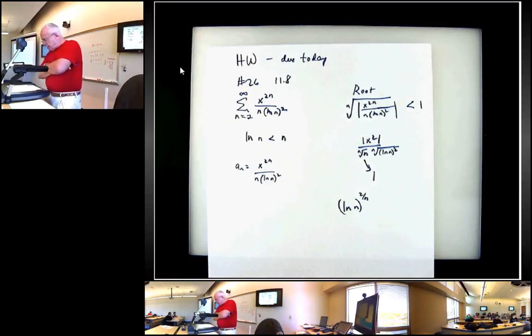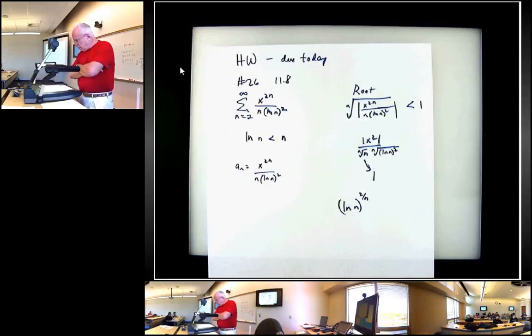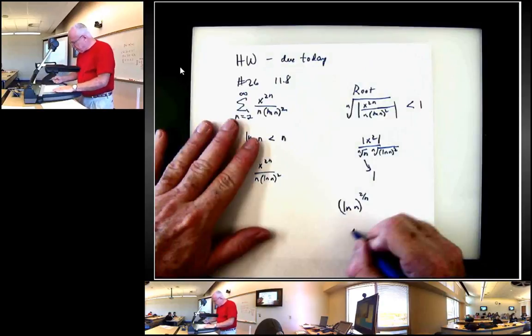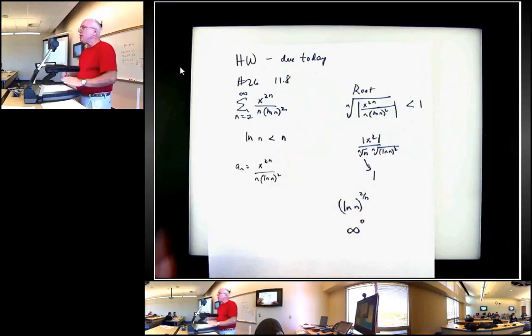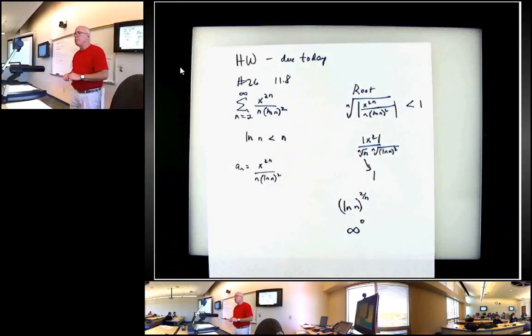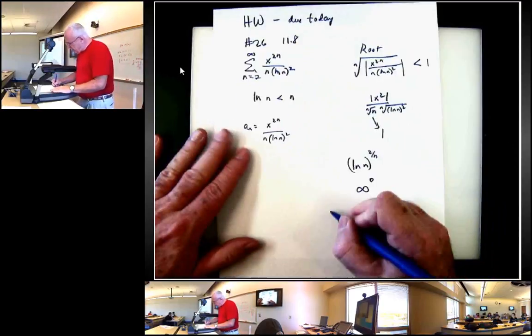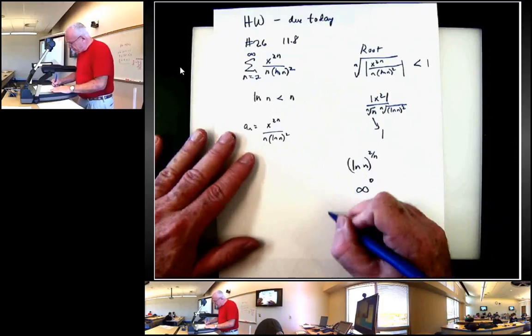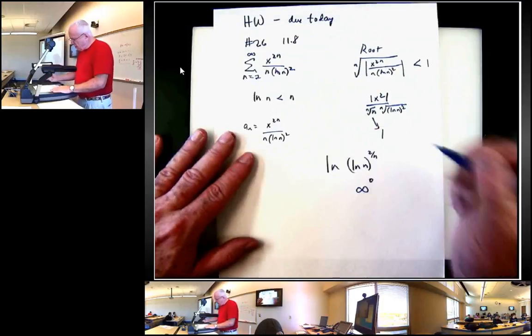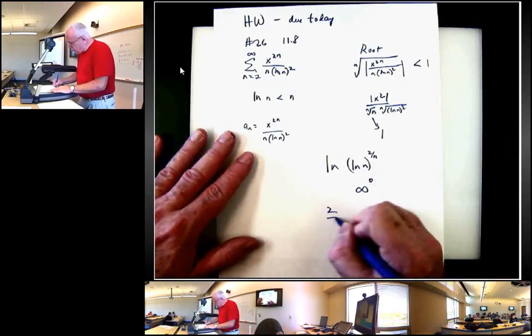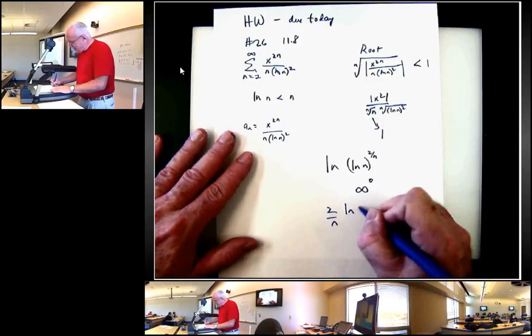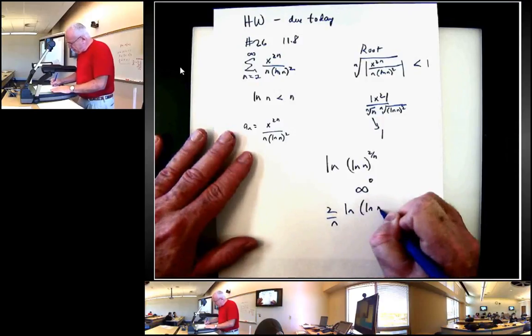So this would be an infinity to the 0 power, right? If we want to see, try L'Hopital's rule on this. Let's take the ln of this. So this gives us 2 over n times the ln of the ln.